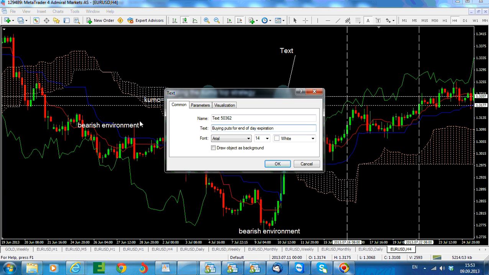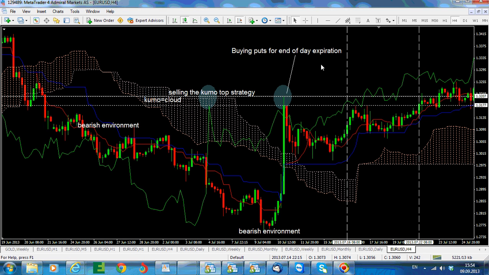It depends on the session, but usually such spike moves happen during London time or New York time. If it is on Asia time, then they should be treated with respect as well. So buying puts for end of day expiration, or 2 days expiration, or short-term expiration.